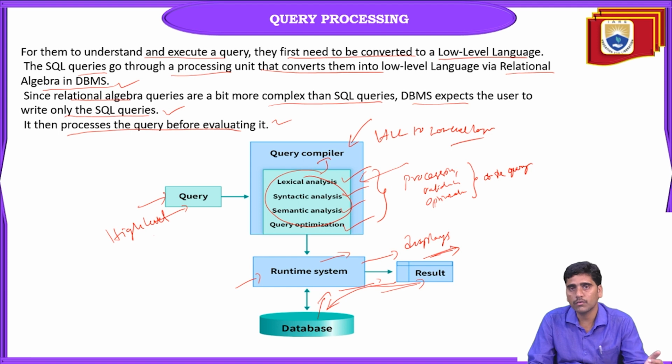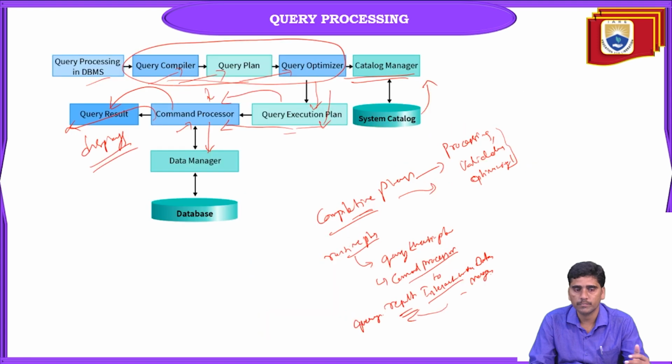What are the query compiler phases? Both compile phases and runtime phases take place. Before the compilation process, lexical analysis takes place, syntactic analysis takes place, semantic analysis takes place, and query optimization takes place.